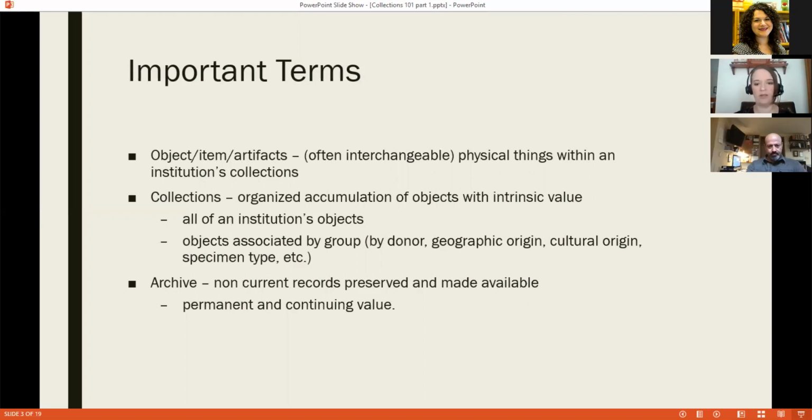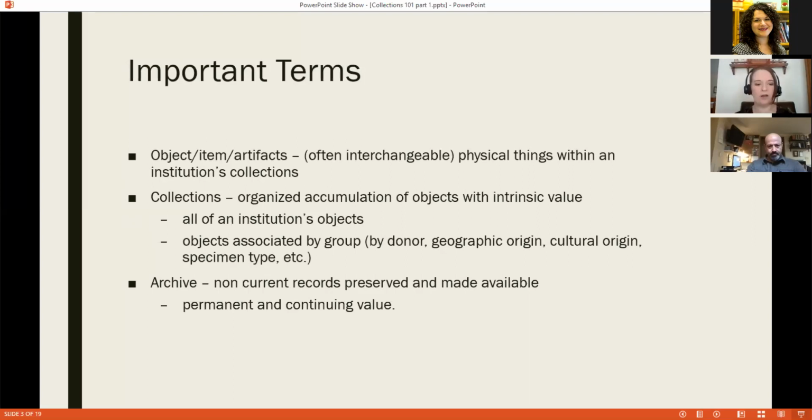Collections are an accumulation of objects with intrinsic value. It can refer to all of the institution's objects, or it can be a group of objects associated by donor, or by geographic location, cultural origin, or specimens if you're in a scientific collection.